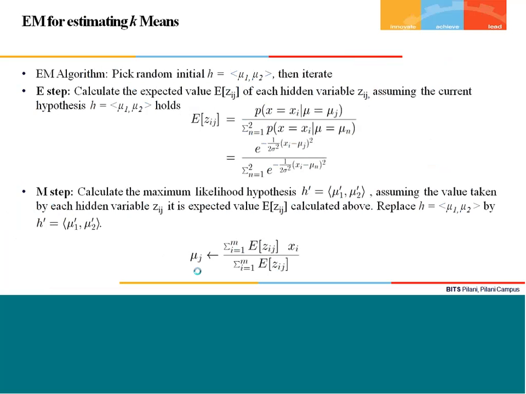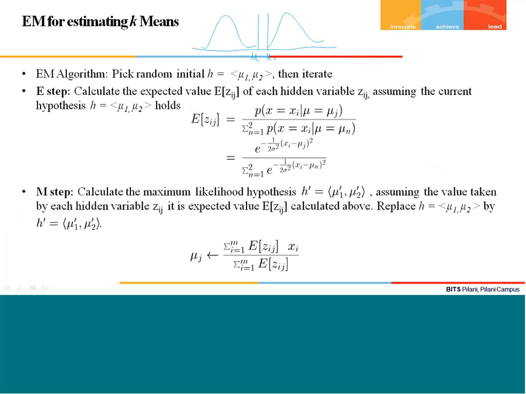So this is how we go through this algorithm. Let's assume that there is some mean. For example, this is my first normal distribution, and this is my second normal distribution. At random, let's say these are the two means, mu1 and mu2. This is the mean of first, mu1, and this is the mean of mu2.